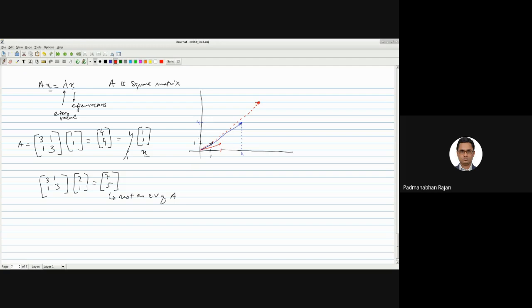So essentially in this transformation, this matrix rotates and scales the red vector because it is not an eigenvector. Whereas if it is an eigenvector, there is no rotation, it will only scale. So that is the geometric meaning. We are talking about square matrices. For square matrices, eigenvectors, when you apply it as a linear transform, have only scaling, whereas non-eigenvectors will usually have a rotation and a scaling.